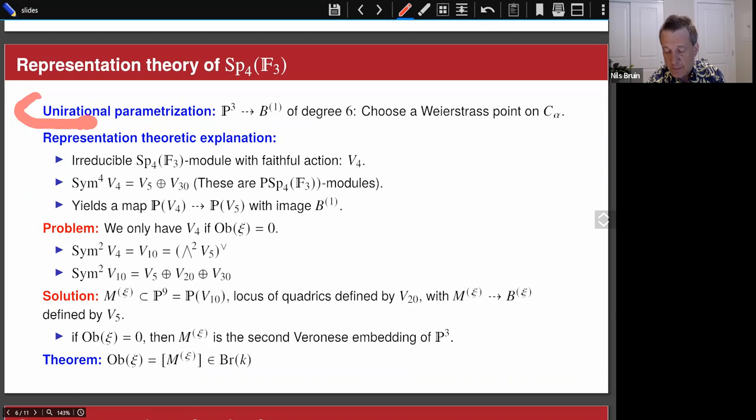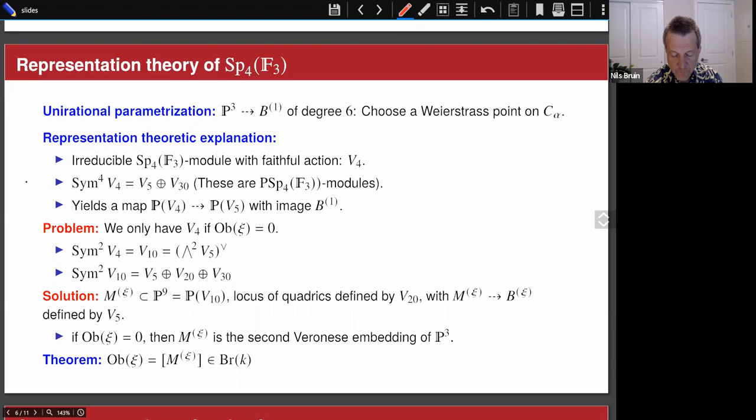It's a degree 6 map, and it corresponds to choosing a Weierstrass point, so an odd theta characteristic, on the supposed genus 2 curve that's around. And there's a very good representation theoretic explanation of where that map comes from, and it has to do with the fact that SP4F3 has an irreducible module with a faithful action on it of dimension 4.